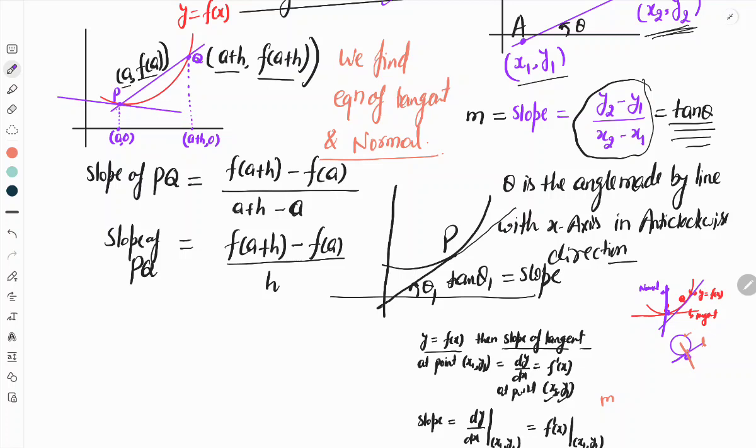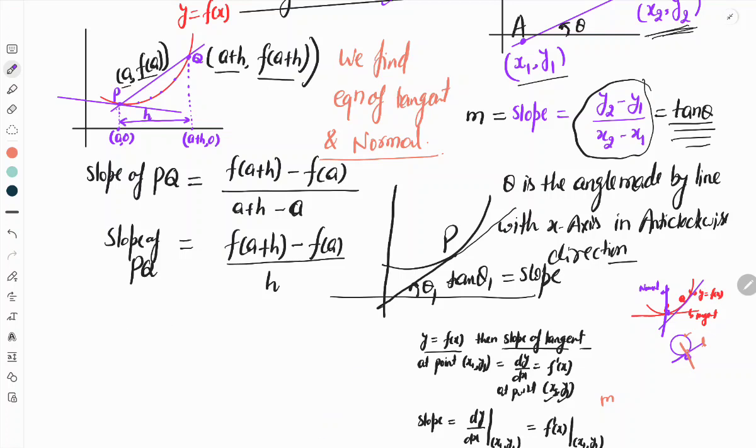In this way it will look, correct or not? If this Q comes down and meets at P, then tell me what is going to happen. This distance from A plus H up to A is H, meaning you are decreasing H. Correct or not? You want to make H zero, correct?